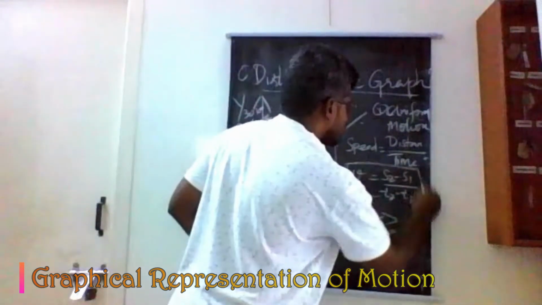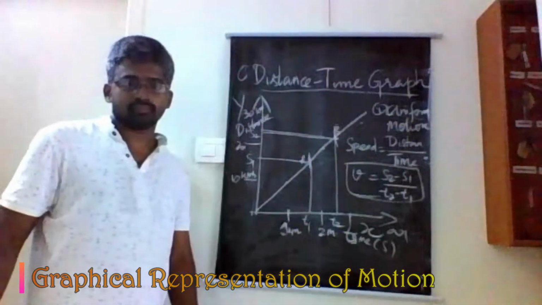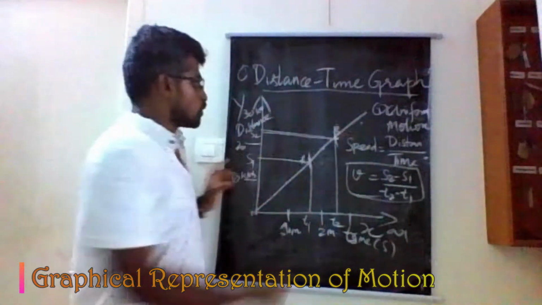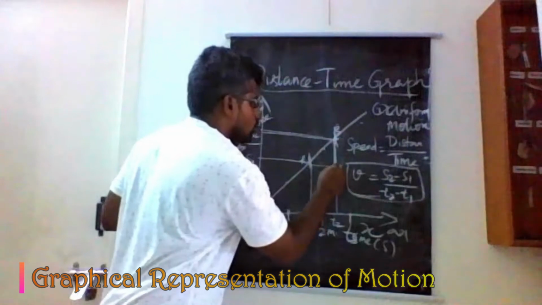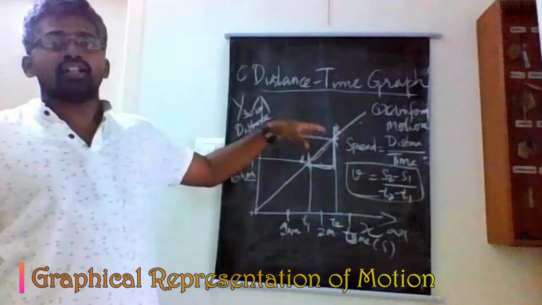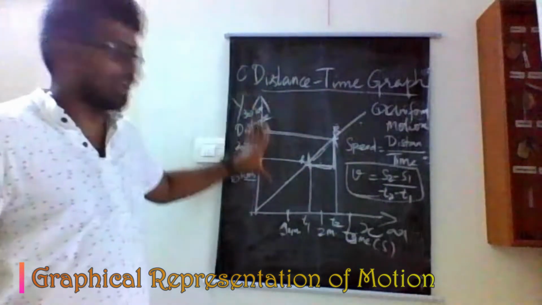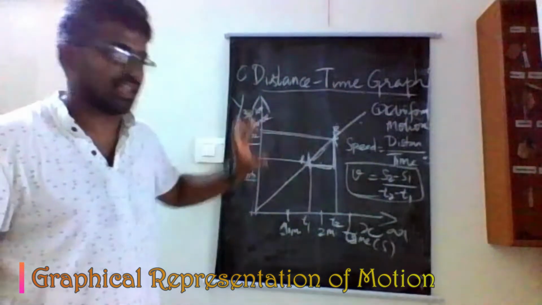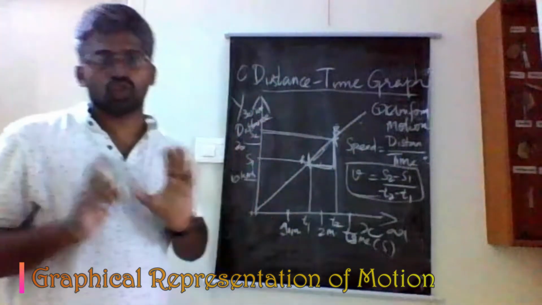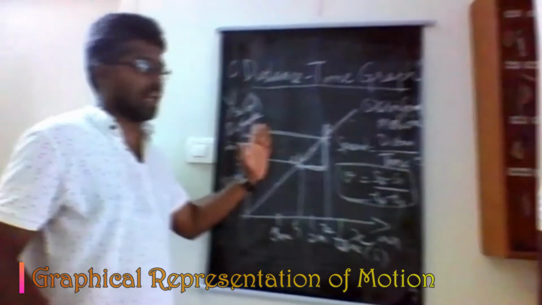That is called speed. This is called slope, the slope of a line. The speed of the particular graph we can find with the slope of the line. Slope is y by x. So from this graph we are finding the speed.